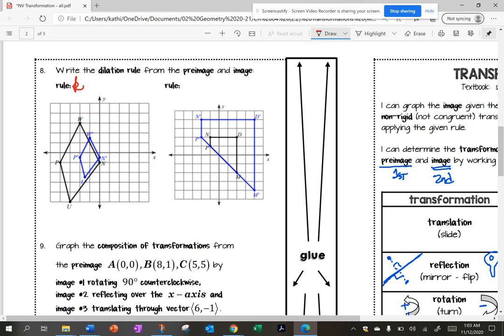So my image coordinate for W, let's do that one more time.